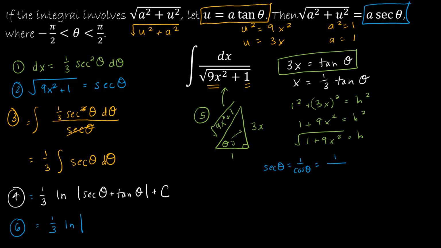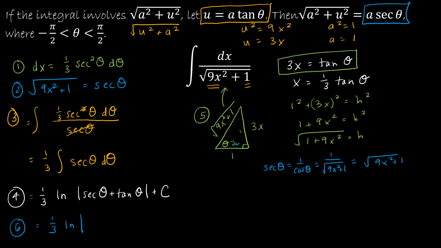And so cosine of theta would be 1 over root 9x squared plus 1. So secant of theta is root 9x squared plus 1.